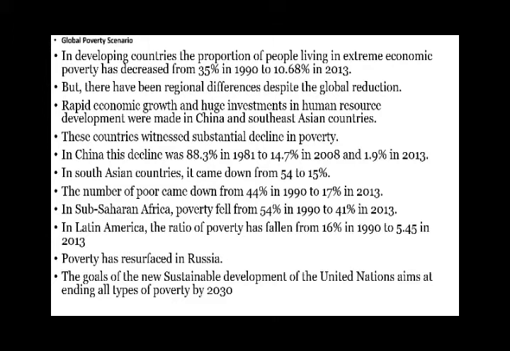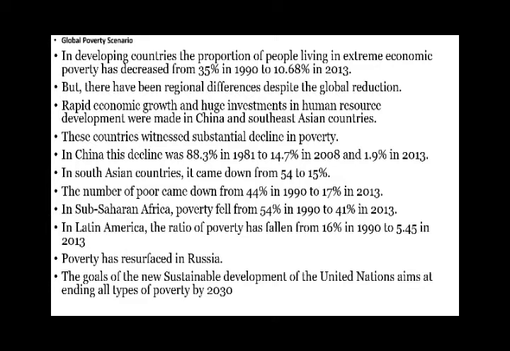In Sub-Saharan Africa, poverty fell from 54% to 41% from 1990 to 2013. In Latin America, poverty has fallen from 16% to 5.45% from 1990 to 2013. Poverty has fallen, but it has resurfaced in Russia.